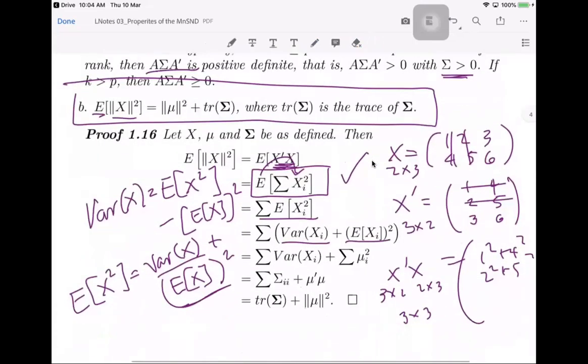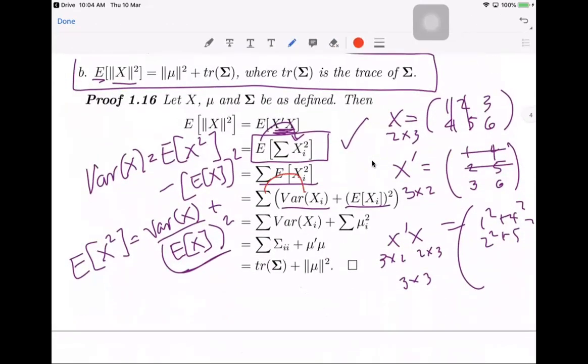And then by distribution of summations, the expectation of x is the mu_i's, and then you square that, so that is mu_i squared, and then the summation of the variances.